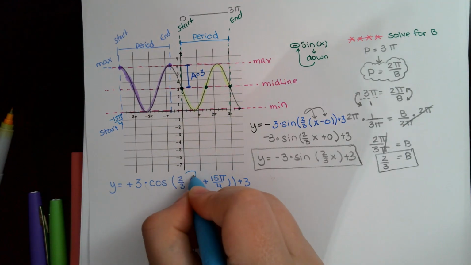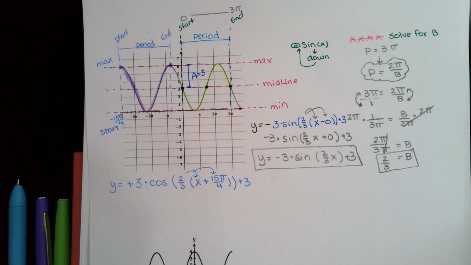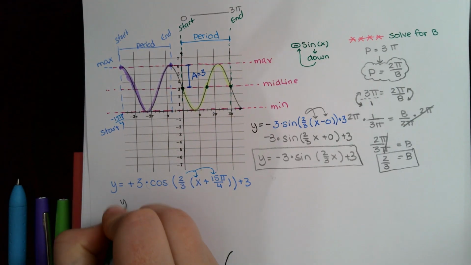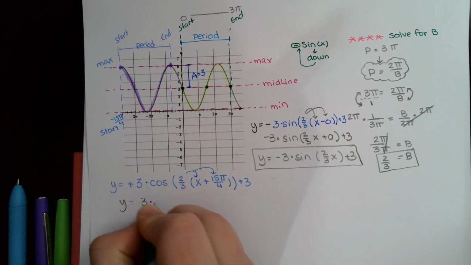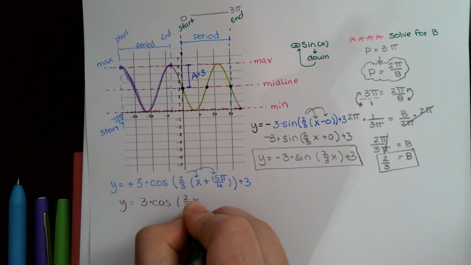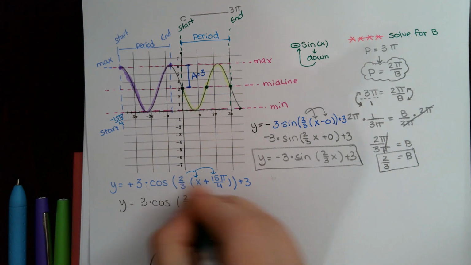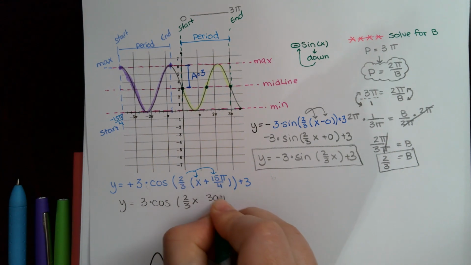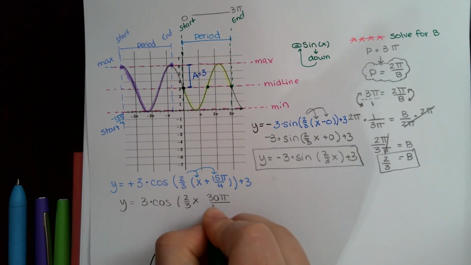Close it, midline was at positive 3. Let's go ahead and distribute this. Y is equal to 3 positive cosine of 2 thirds x. 15 times 2 is 30. 3 and 4 is 12.